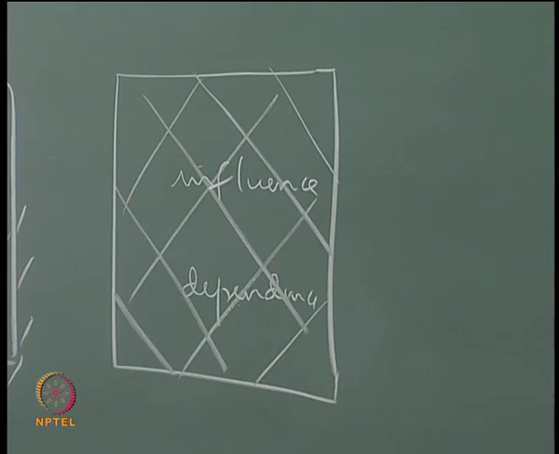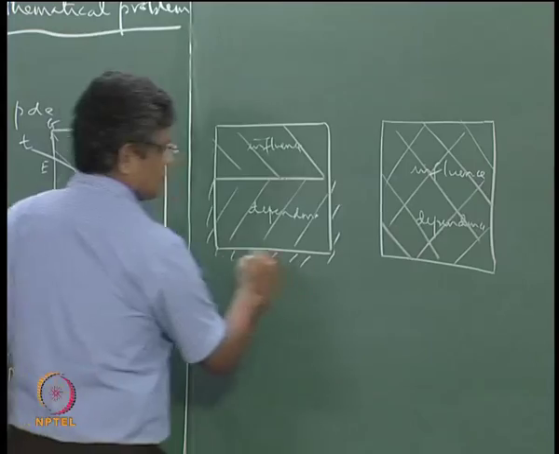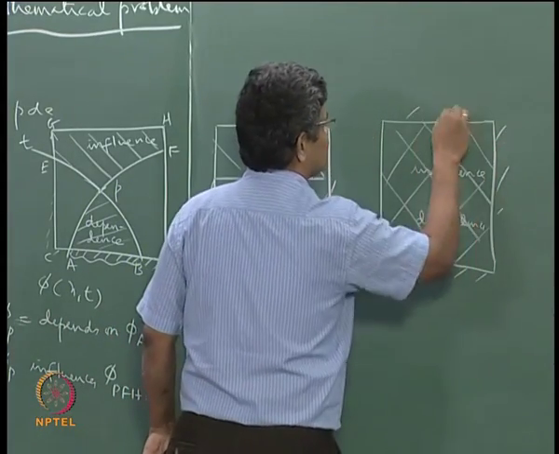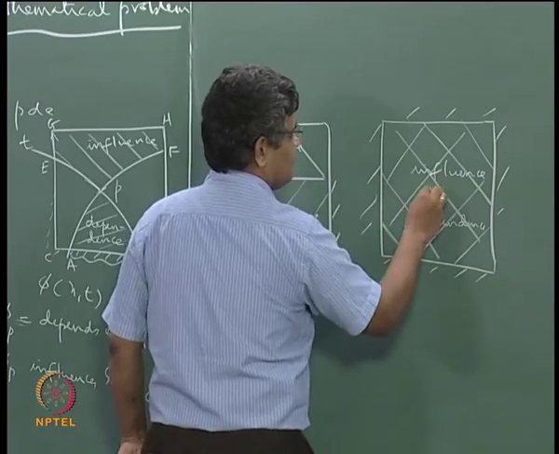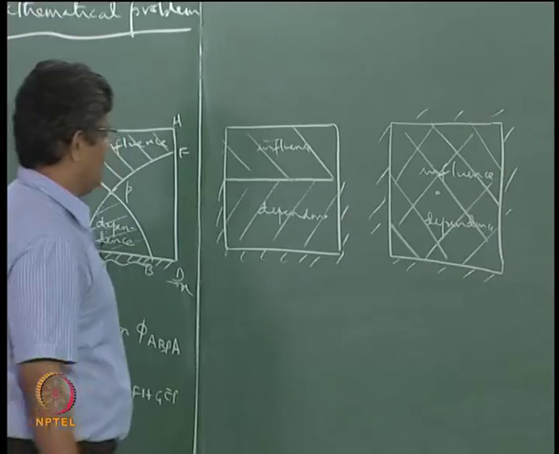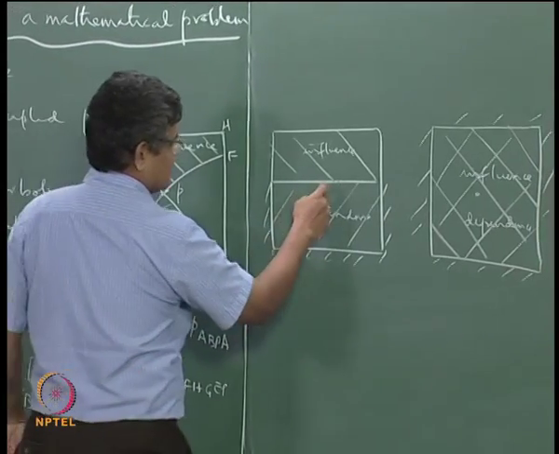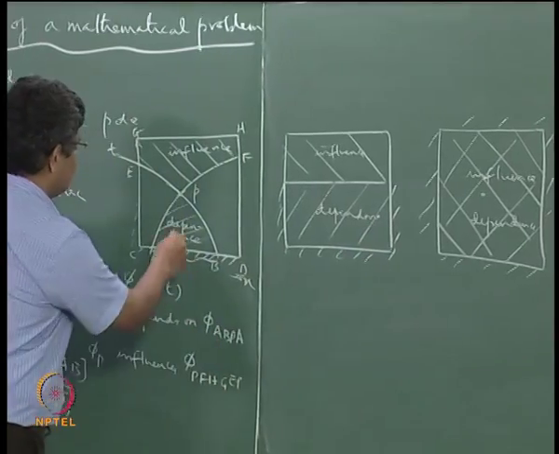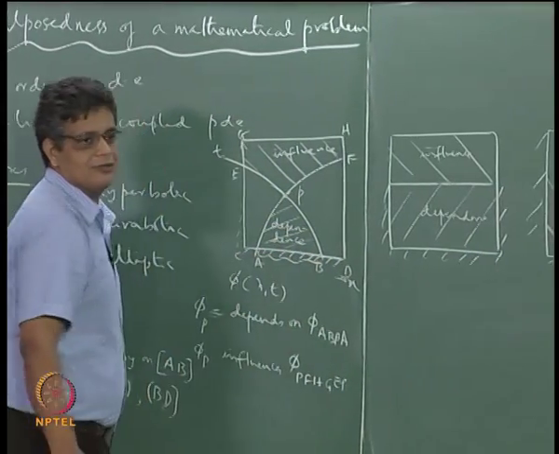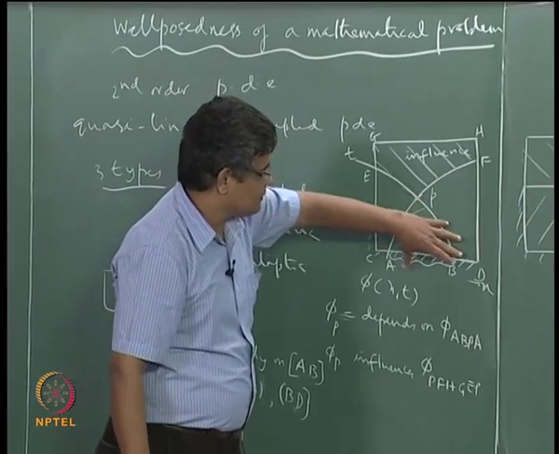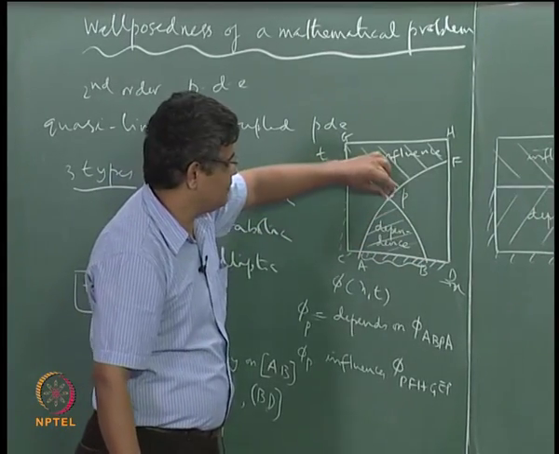Okay, so that means that the conditions on the entire boundary of this solution domain will be affecting the solution at any point within the domain, whereas here the solution at a particular point will be dependent only on this part of the boundary and here it depends only on this part of the boundary. Okay, so it is only some part of the initial condition that may be influencing this.